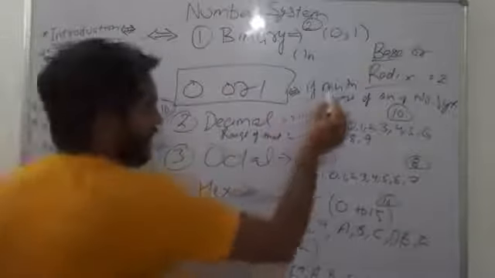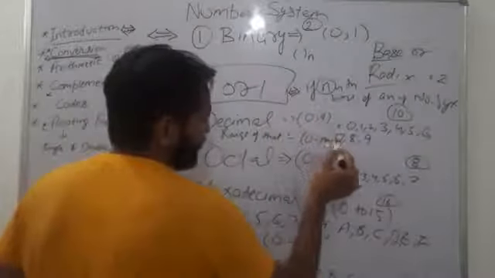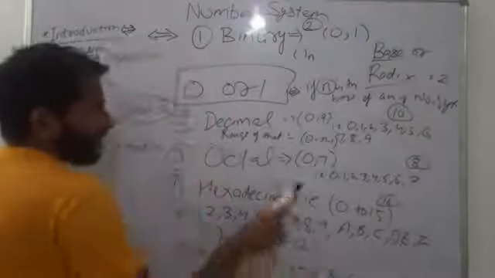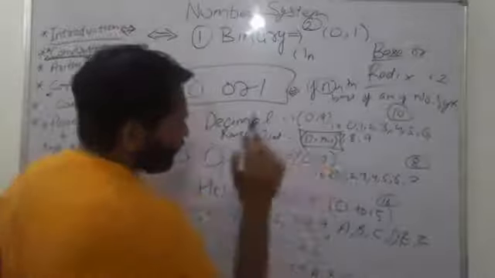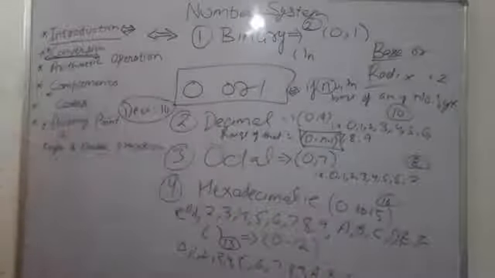That is, the number n itself does not come in this range. That means we cannot write n in this range. We are ranging from 0 to n minus 1.